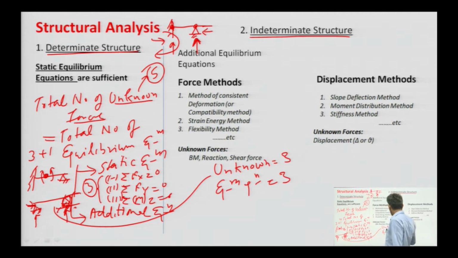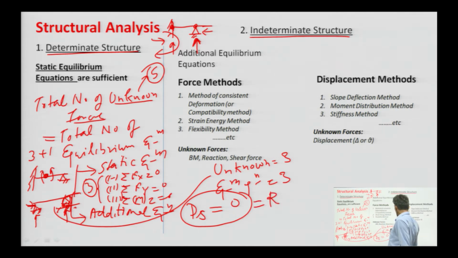Meaning, if the difference is 0, then static indeterminacy, which is represented by Ds, is the difference of the total number of unknowns minus the available equilibrium equations, including r dash. R dash is due to certain additional equilibrium equations like hinges and so on.